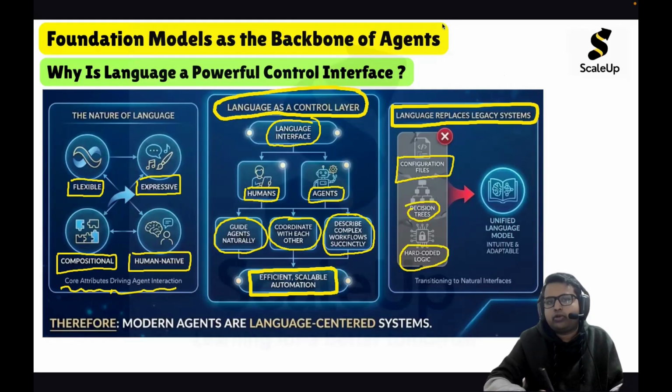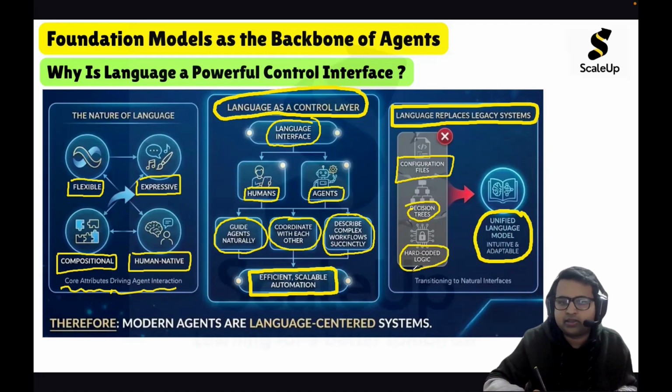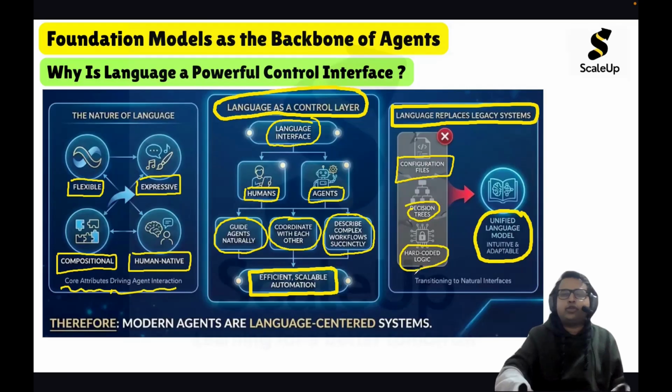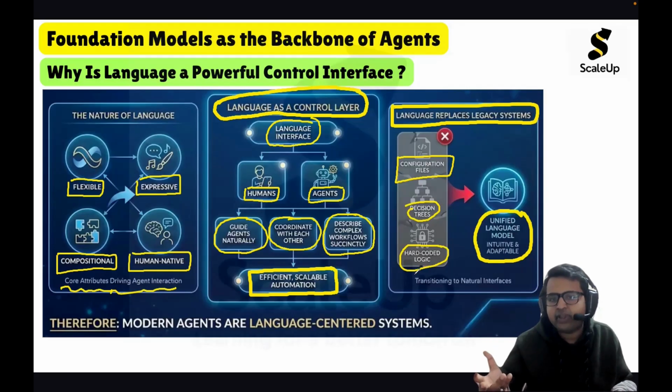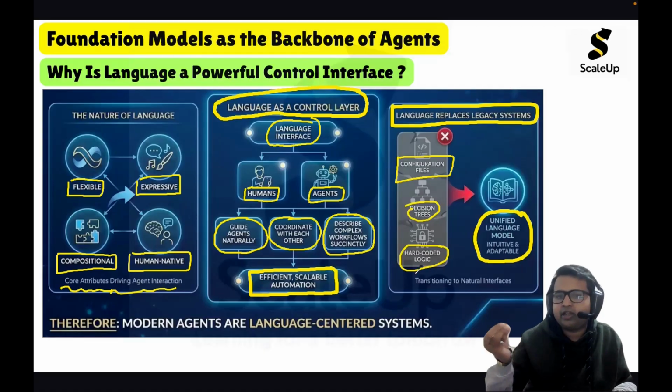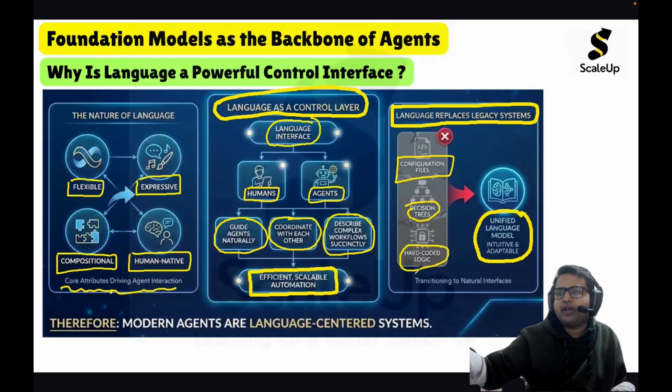Now the good thing is that a unified language model is intuitive and adaptable, and it will take care of the things. As a human, you just give your intent in natural language, and the LLM will generate a specific configuration file on your behalf, and the agent can then supply that configuration file to the particular system it wants to interact with.